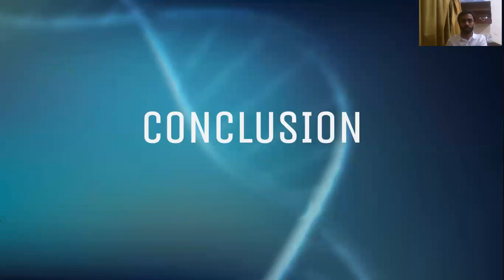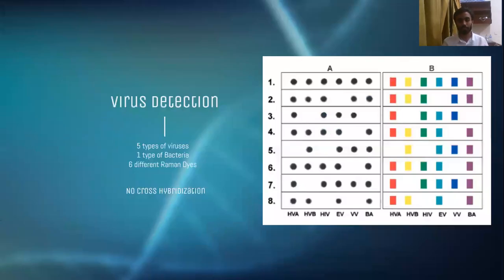So in conclusion, the paper describes a very efficient, a very safe and non-toxic, and a very selective and specific way for the detection of different kinds of DNA. And not only can it detect the DNA, but it can also distinguish between them, and like in the last experiment I showed you, it can also tell if there has been any hybridization or not.